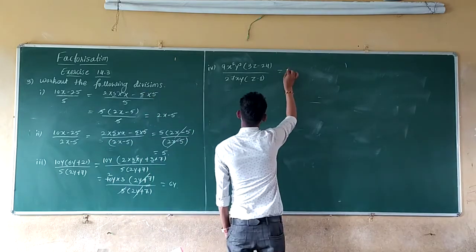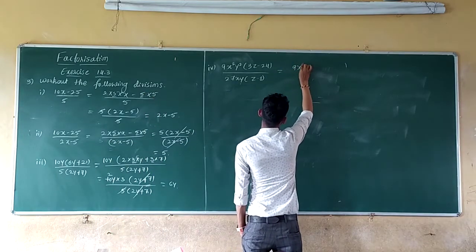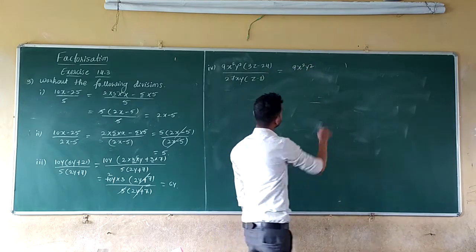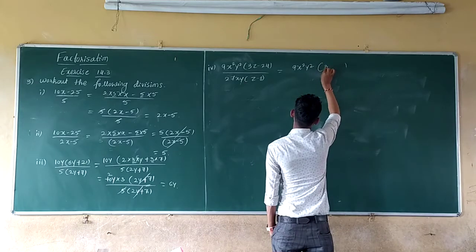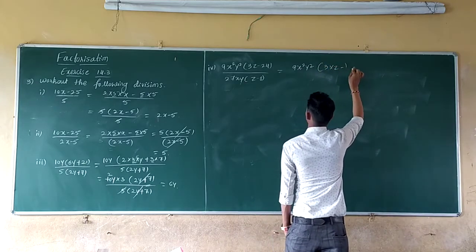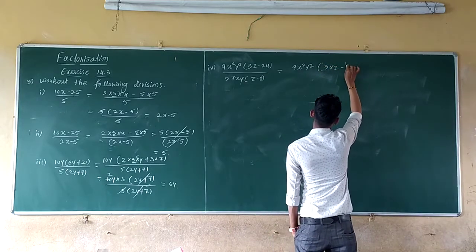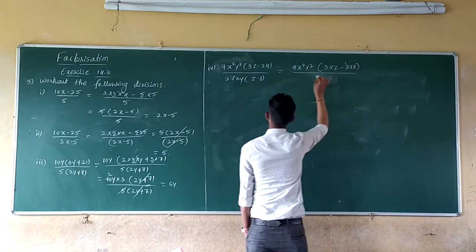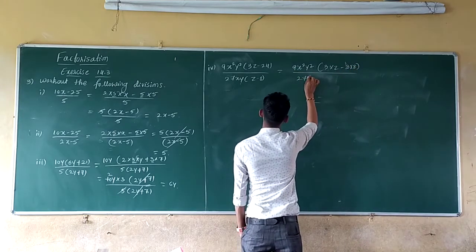So which is equals to 9x square y square. Now take in these two the common. Means 3z we can write as 3 into z, minus 24 we can write as 3 into 8, divided by 27xy.